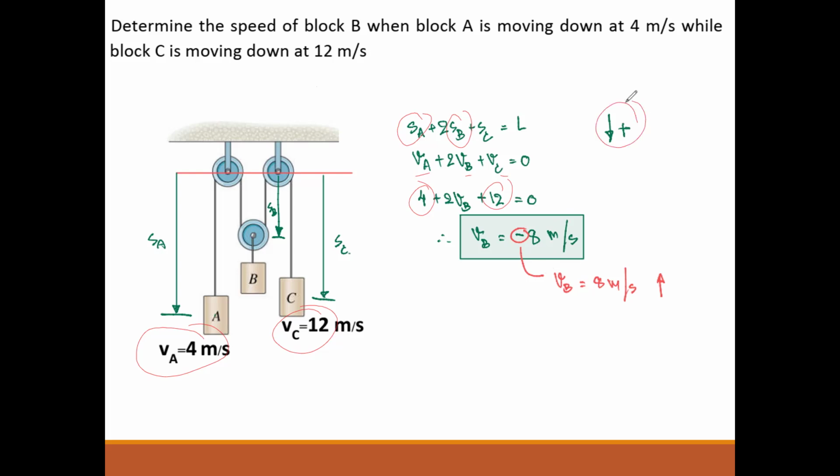We set downward as the positive direction, so the negative means that block B is moving up with a speed of 8 meters per second. It makes sense, because when A is moving down and C is moving down, B should be moving up. This matches our engineering sense.